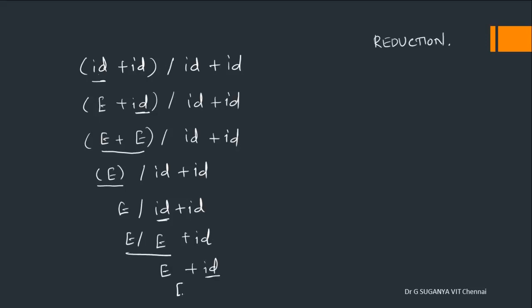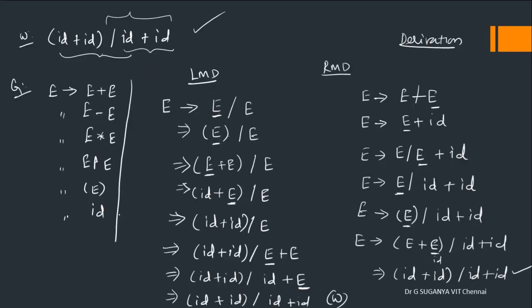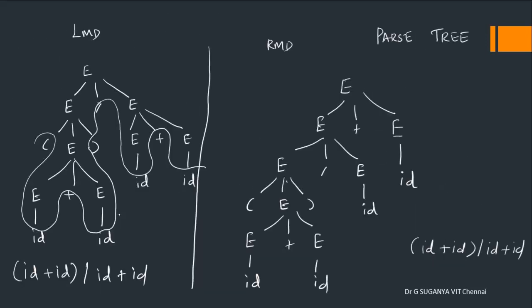Finally, this id gets reduced, so it is e plus e. Finally, this is e. So from the word, we are able to arrive at the start symbol, and hence the word is of the format. This is how you have to check whether a given word is accepted or not using the concept of derivation, parse tree, and then the reduction.